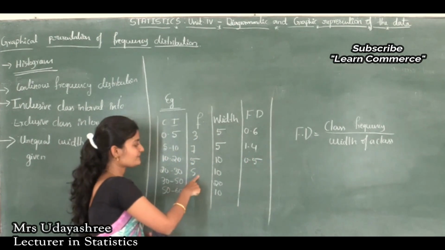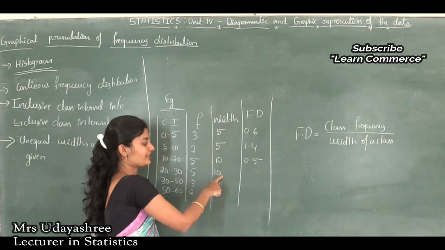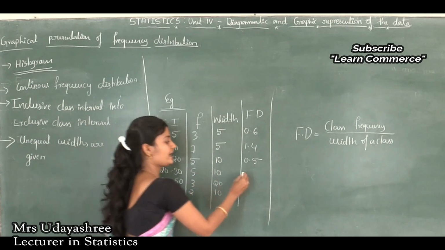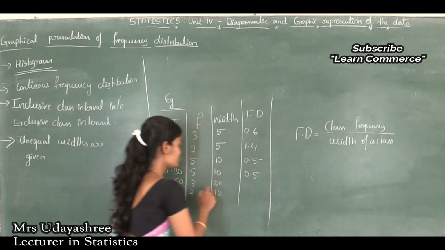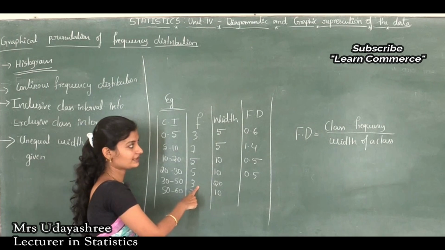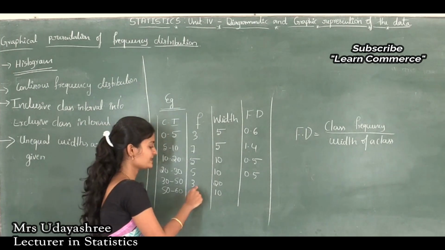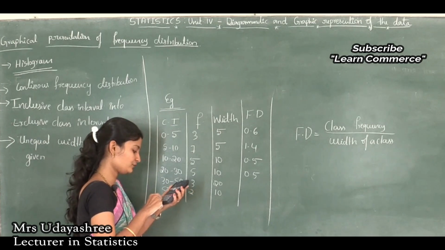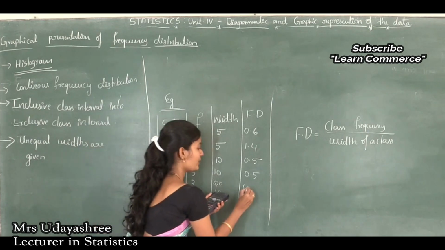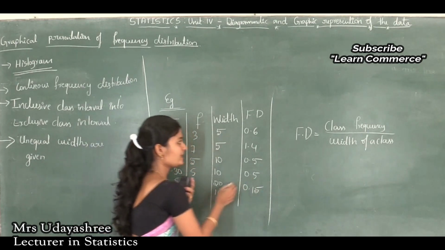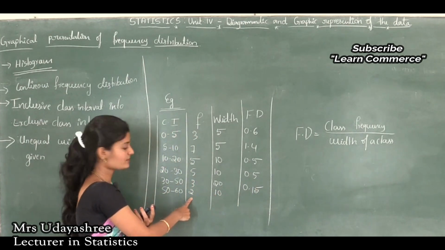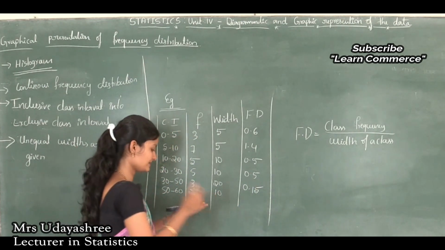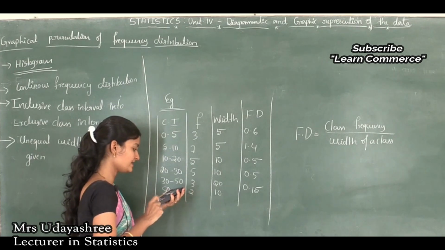Next, class frequency is 5, width is 10, so 5 divided by 10 is 0.5. Next, class frequency is 3, width is 20, so 3 divided by 20 is 0.15. Next, class frequency is 2, width is 10, so 2 divided by 10 is 0.2.